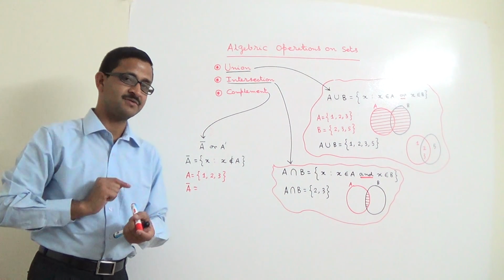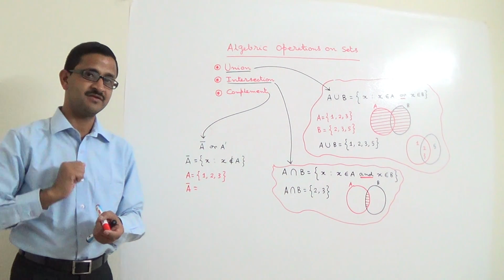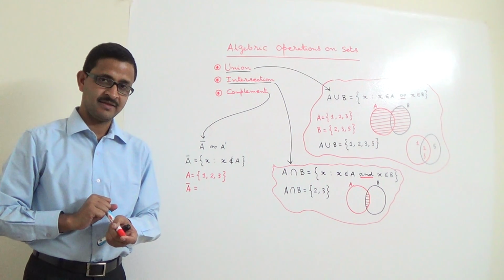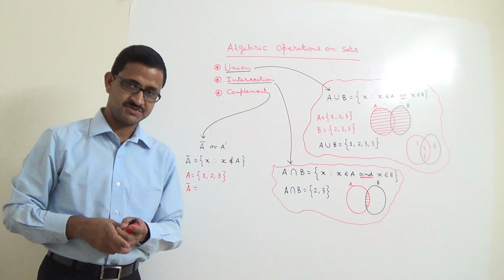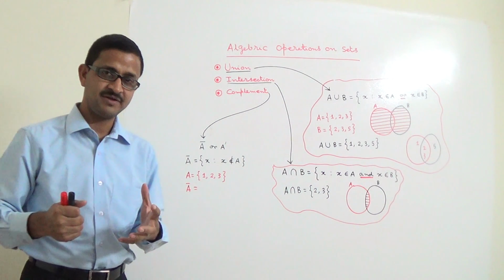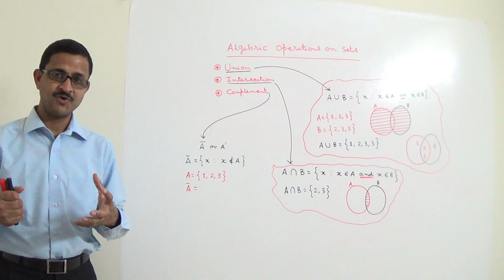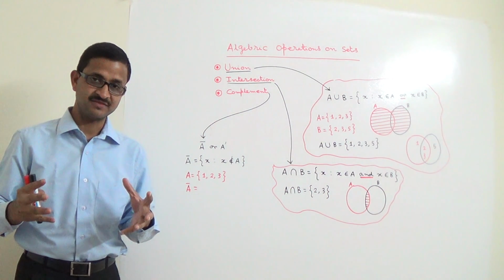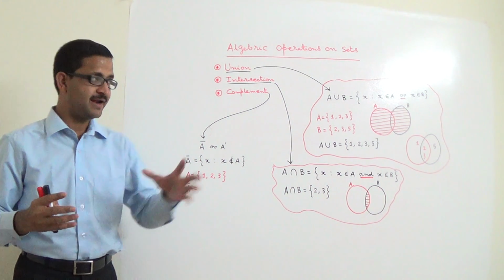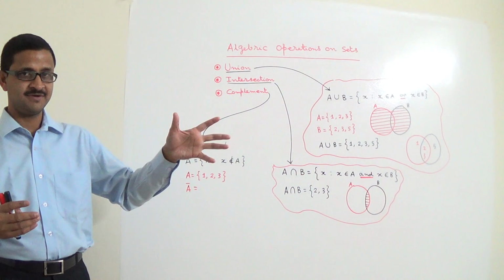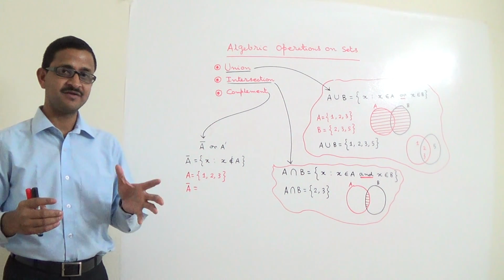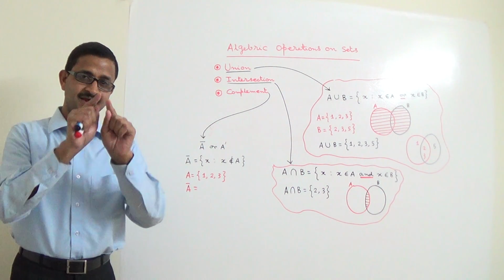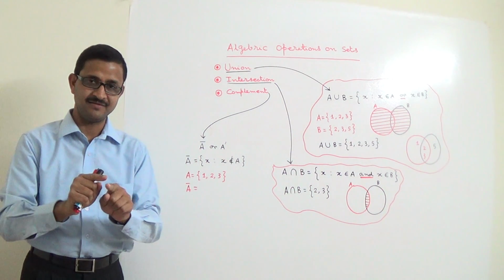So there is a concept called universal set. Universal set conceptually is a set which is a superset of all the sets you can think of. And in the Venn diagram, the universal set is described as a rectangle.